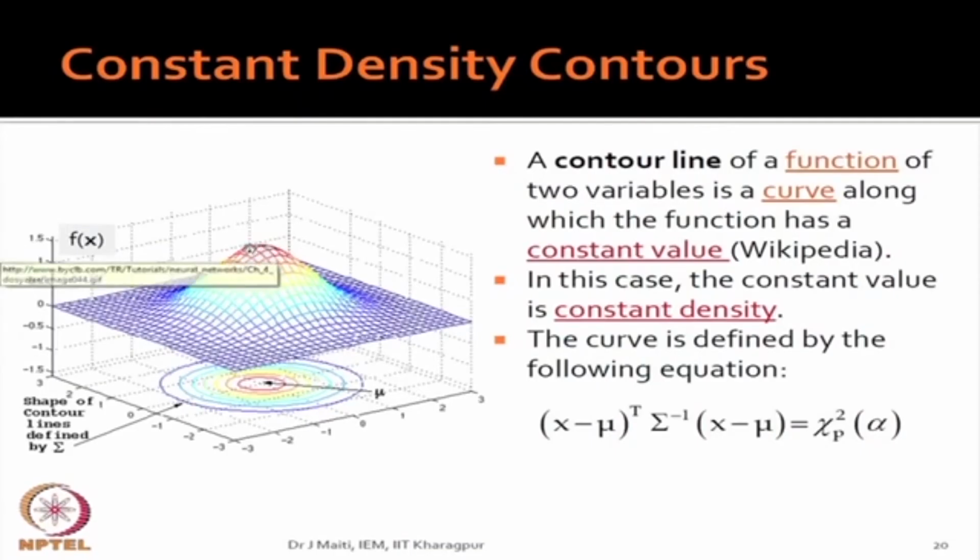Then if you come a little lower and take a cross section, you will see this ellipse. If you come even a little lower, you will get the second ellipse. Like this, you will get different ellipses, and as we have already discussed, all points along this ellipse are equidistant. We have proved this by statistical distance, they are equidistant.